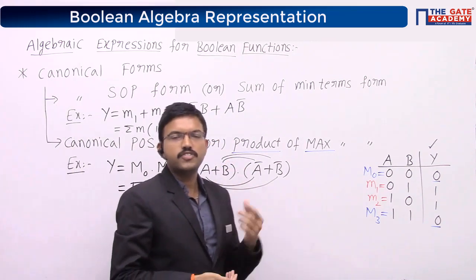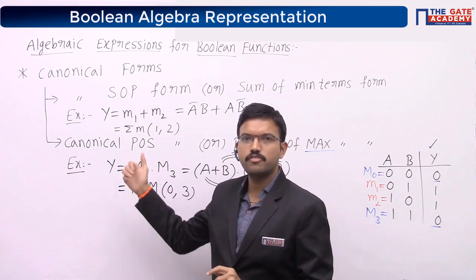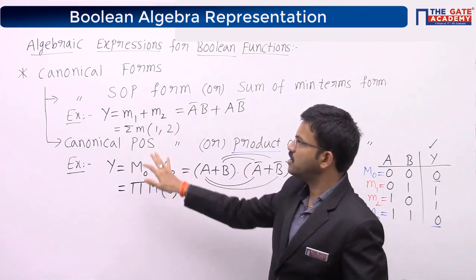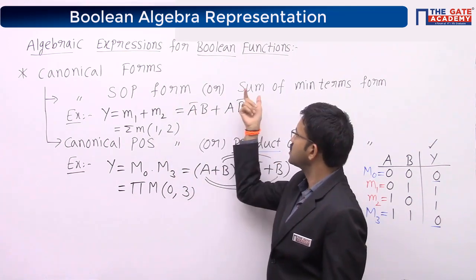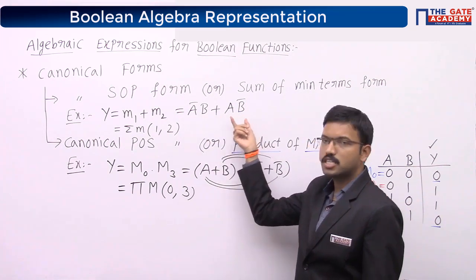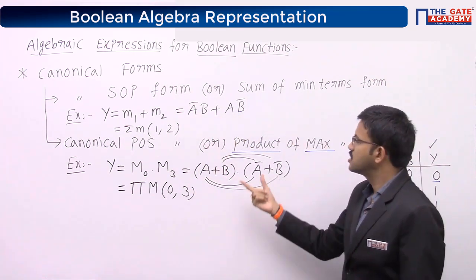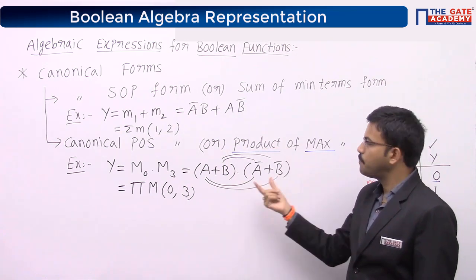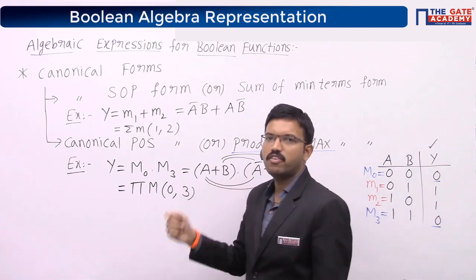After that, if simplification is possible and you do the simplification, then we will get other forms. These are the canonical forms. Canonical form means in each product term, suppose you are considering sum of minterms, the number of literals will be equal to the number of given variables. Similarly, if you are considering product of maxterms, in each sum term you will have the number of literals same as the number of given variables, like that.